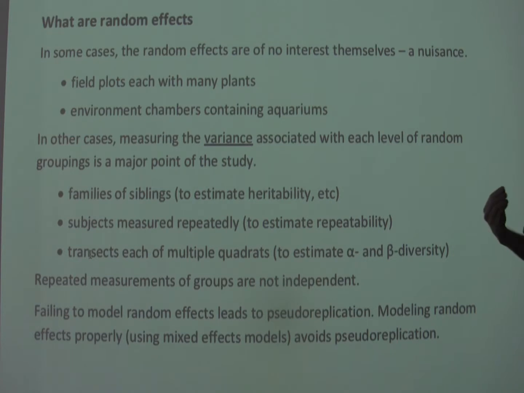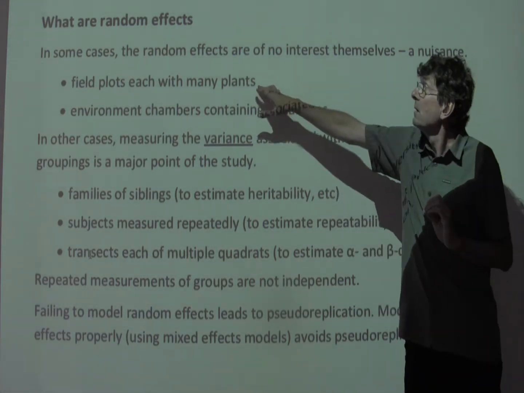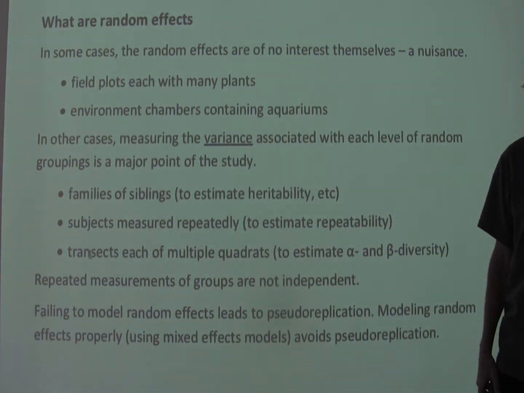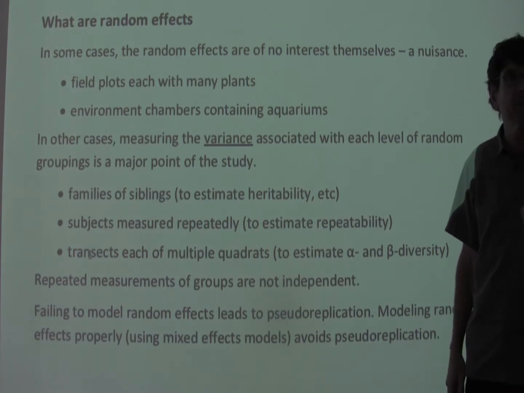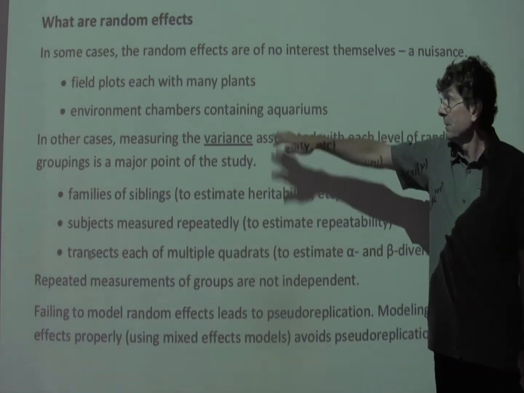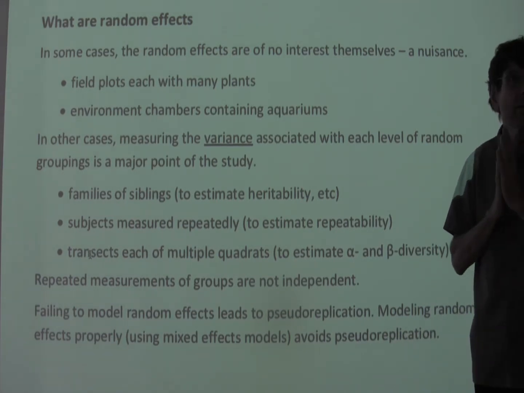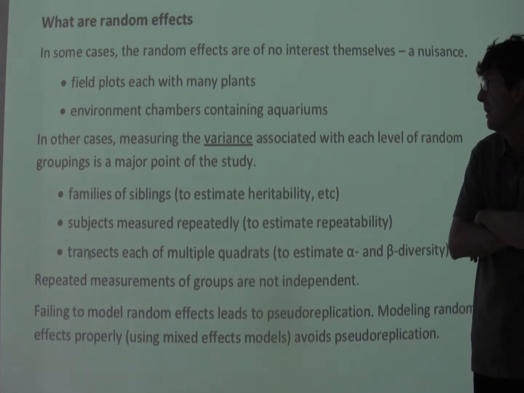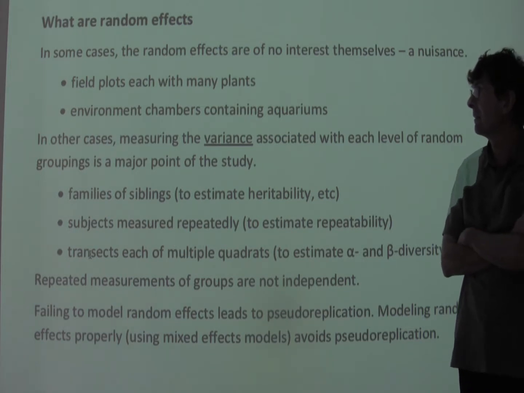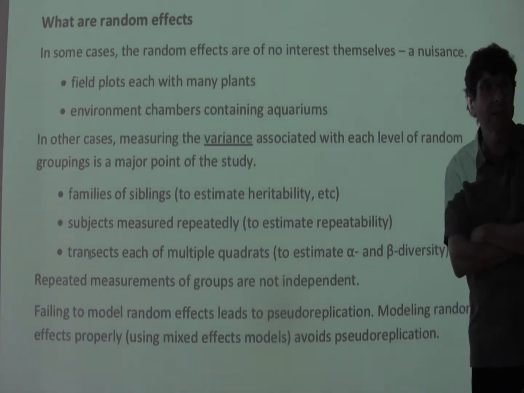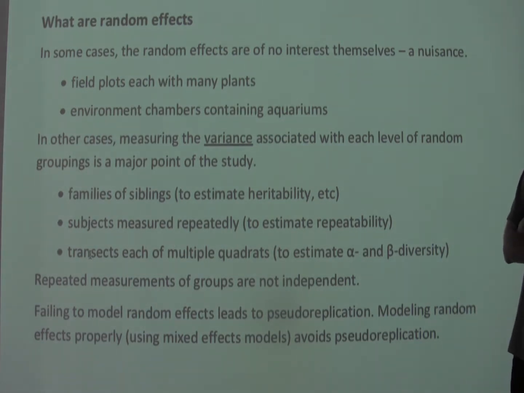You don't really care about this particular plant. It's not a gripping question what the effect of this particular plot in this particular field is. And it's not particularly interesting the attributes of the environment chambers that you happen to use to conduct your experiment.